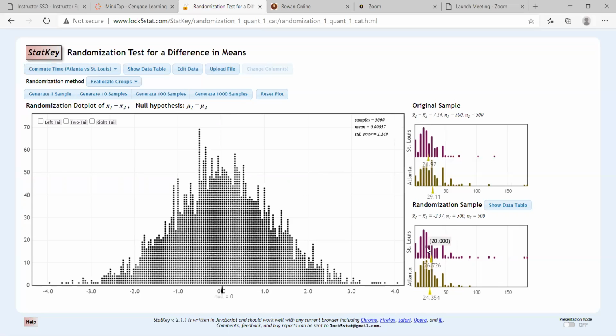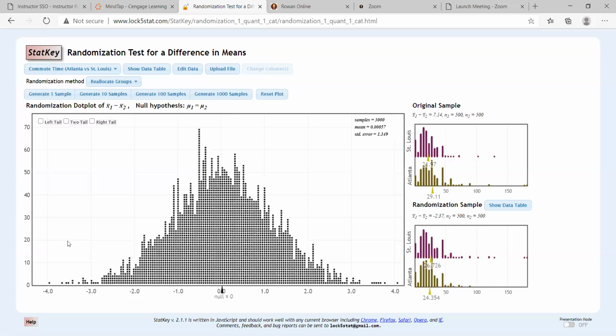If Atlanta minus St. Louis average commute time is negative, that means the St. Louis commute time on average is bigger. You can see that here because it says 26.726 for St. Louis on average, 24.354 for Atlanta on average. So St. Louis's average is bigger.